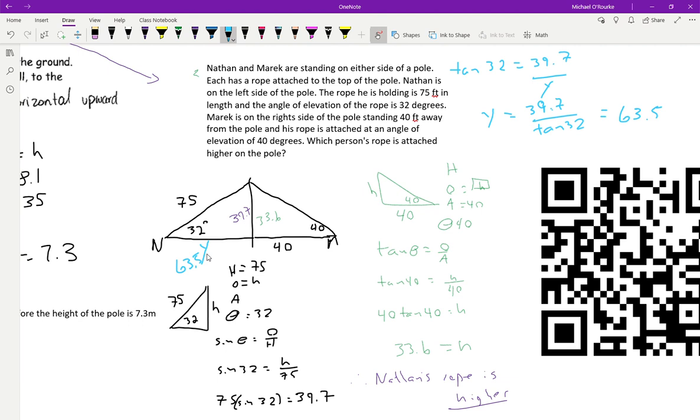So you couldn't just find out which rope's longer, because they're not standing the same distance away. Okay? Always with diagrams, trust the numbers, not the diagram. The diagram may look like they're the same distance away, but they aren't.